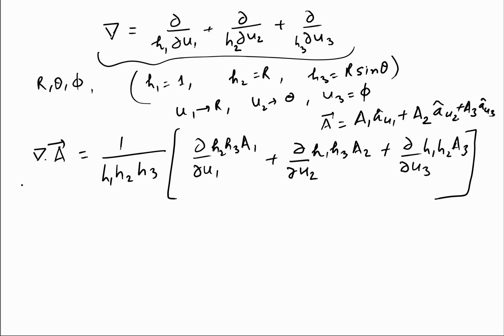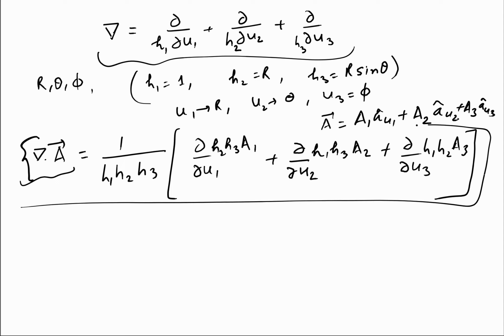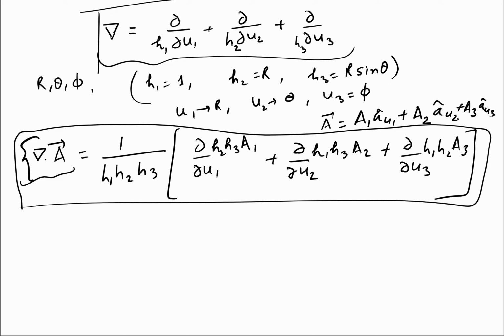I derived this general equation for divergence in one of my previous lectures. Now we will utilize these two general forms specifically for the spherical coordinate system to derive the Laplace or Poisson's equation.